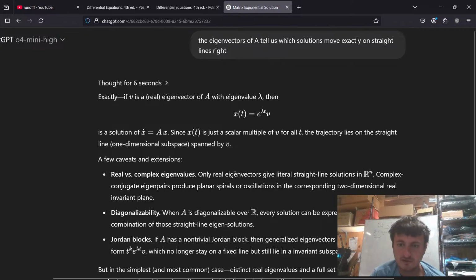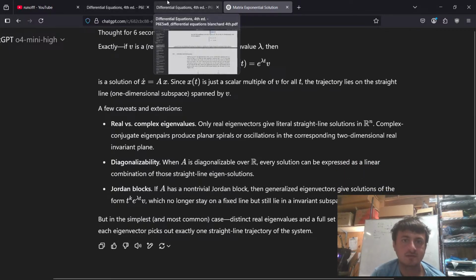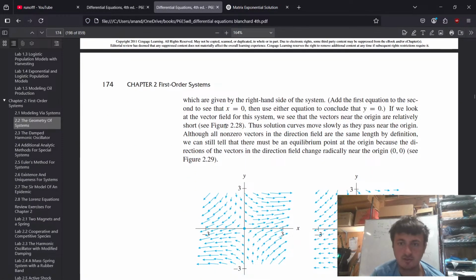Only real eigenvectors give literal straight line solutions in R^n. Complex conjugate eigenvalues, I don't know about that. Okay, anyways, it's more advanced than we're actually going into, but I was just curious.